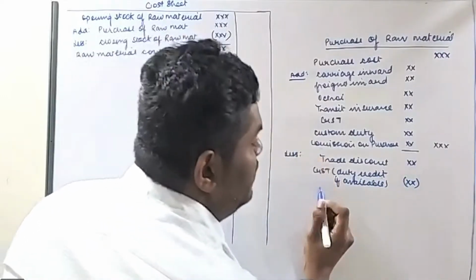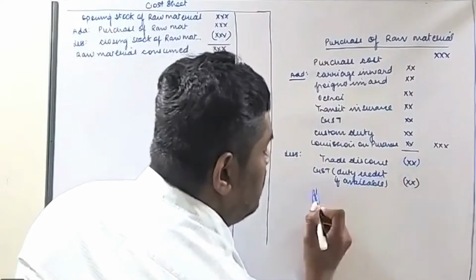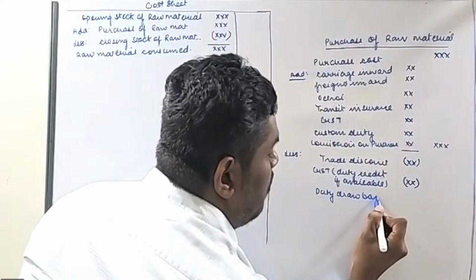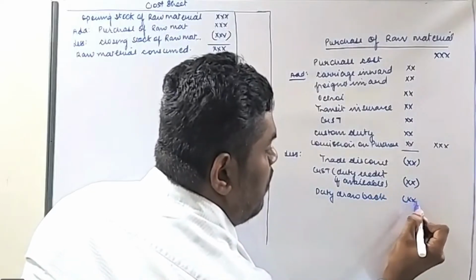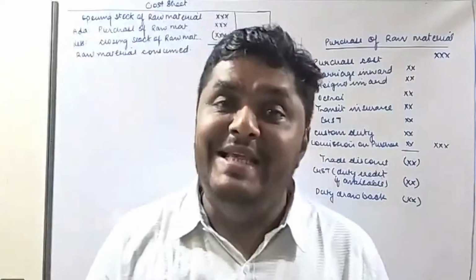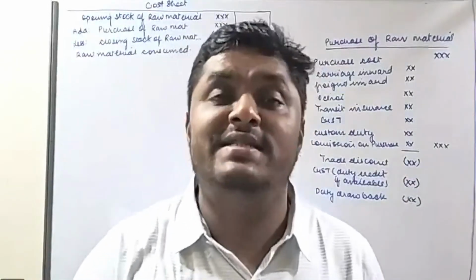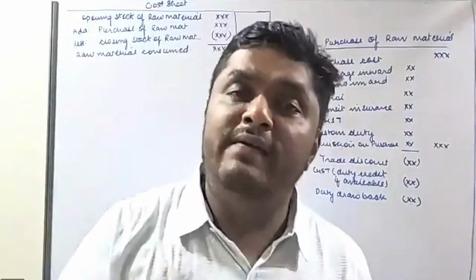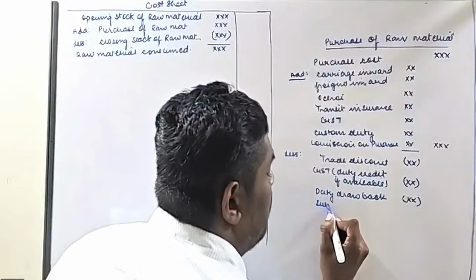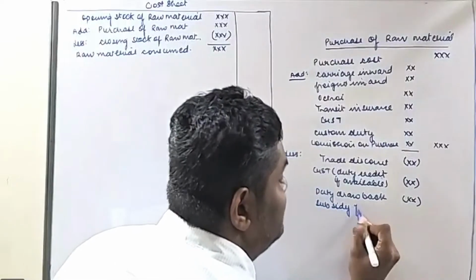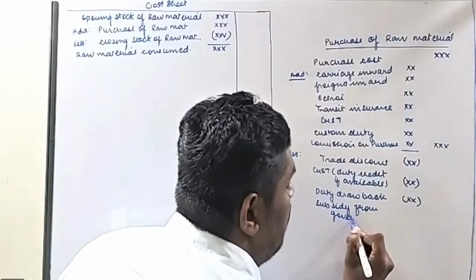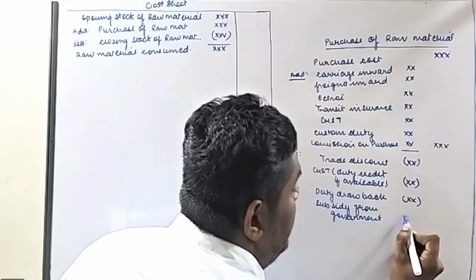Customs duty, if the duty drawback is available, it will be deducted. Further, any sort of grant or subsidy that is received on purchase of material will also be deducted. Subsidy from government will be deducted.